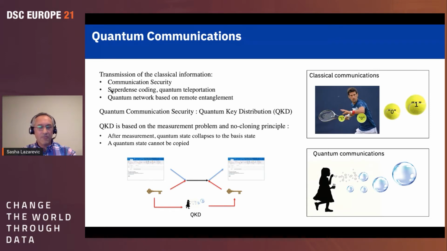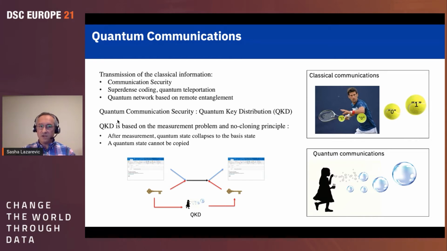And also another very important use case of quantum communications is building a quantum network. So we want to be able to interconnect quantum computers. And there are a lot of experiments, especially successful ones in the Netherlands over the last several years, where a group of researchers managed to entangle quantum systems remotely without any direct communication.